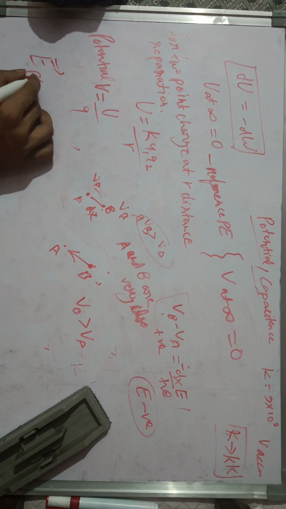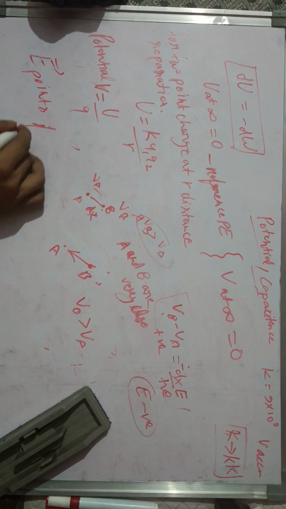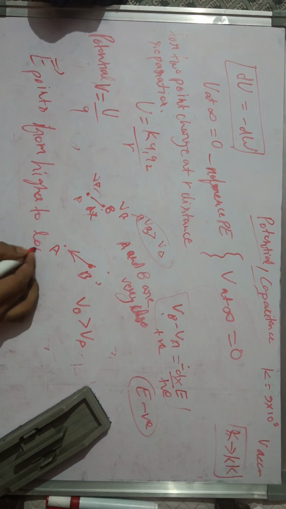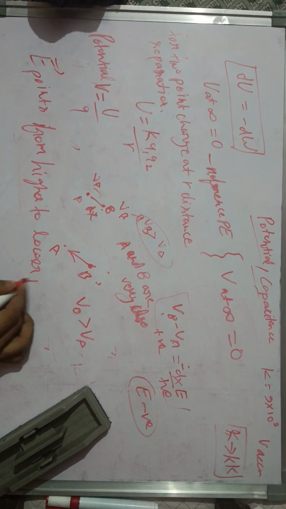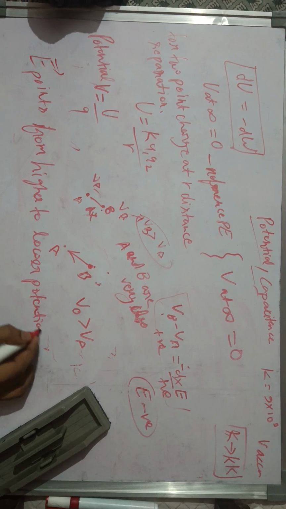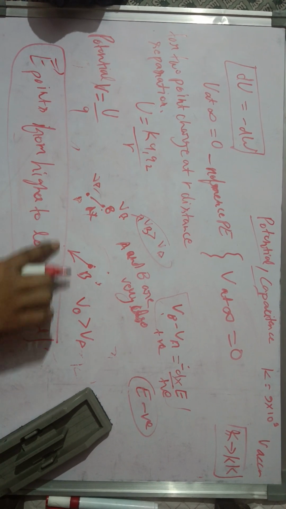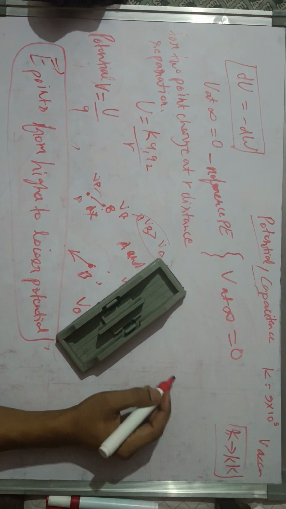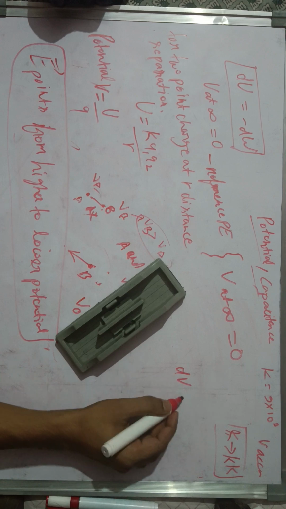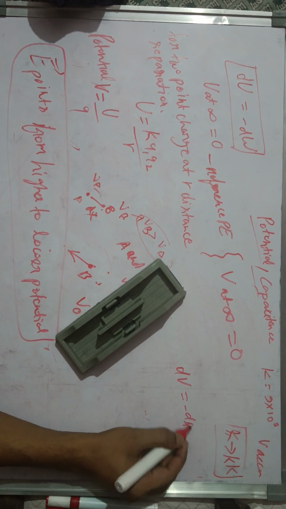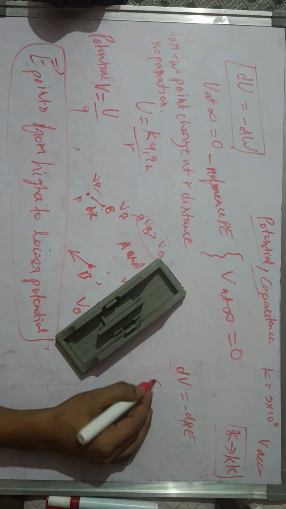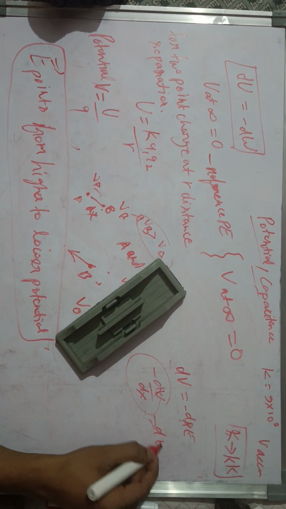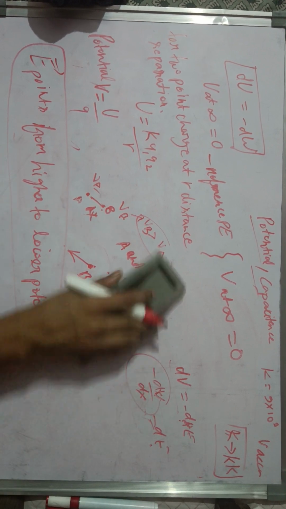The electric field points from higher to lower potential, because if the final potential is higher, then dV will be positive and minus dx into E. Since dx and dV are positive, dV by dx is positive, so this value becomes negative, meaning in the opposite direction.